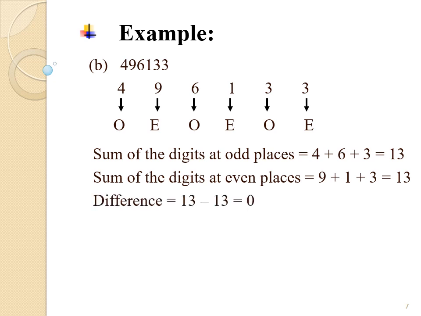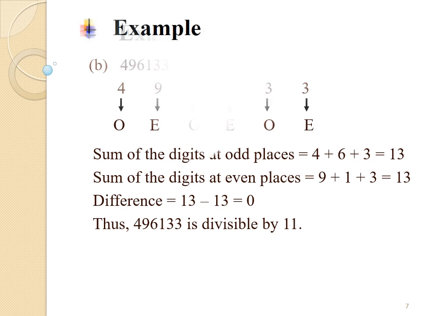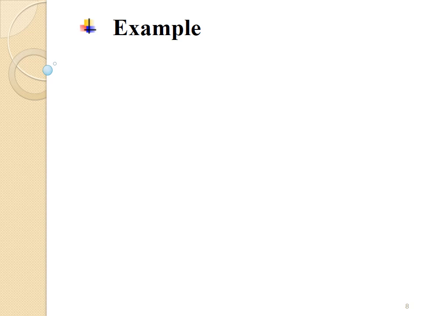Thus, 4,96,133 is divisible by 11. Now, example C. 79,376 by pattern number 3.